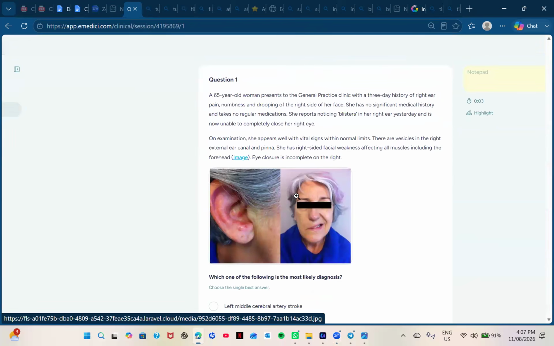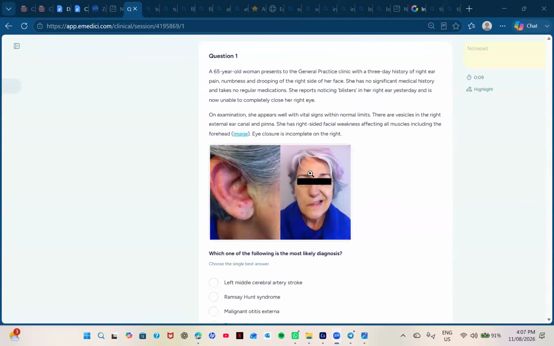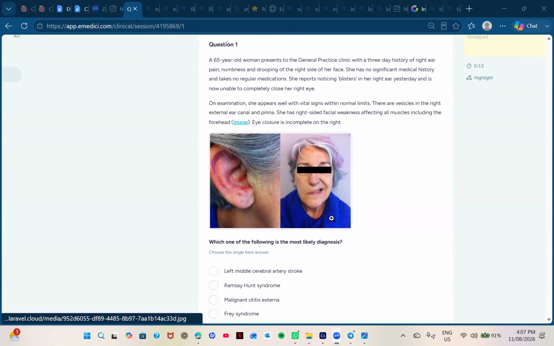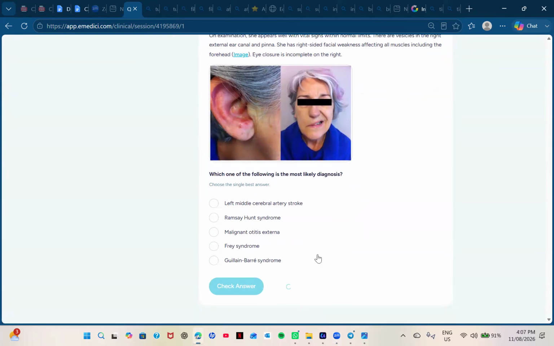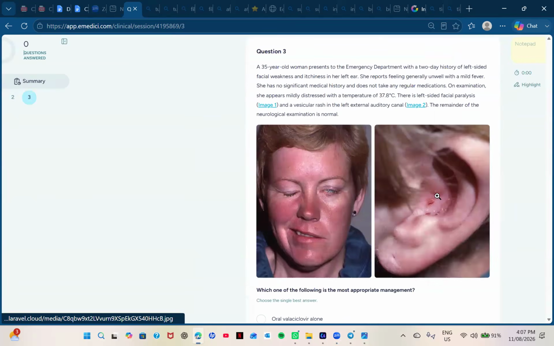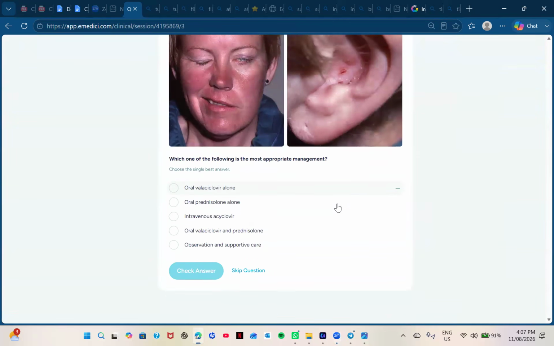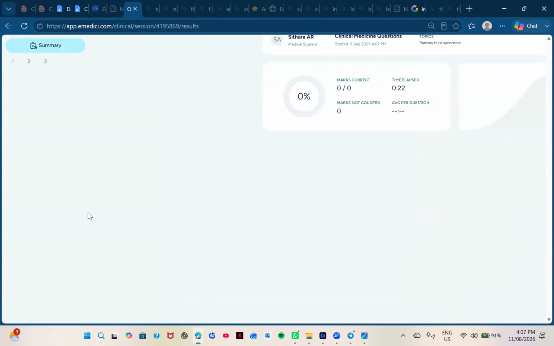This exact picture they have given in the exam. Very important. Please keep in mind this picture, the blue color jacket lady. This picture they usually give. And remember this other picture as well. You never know, right?